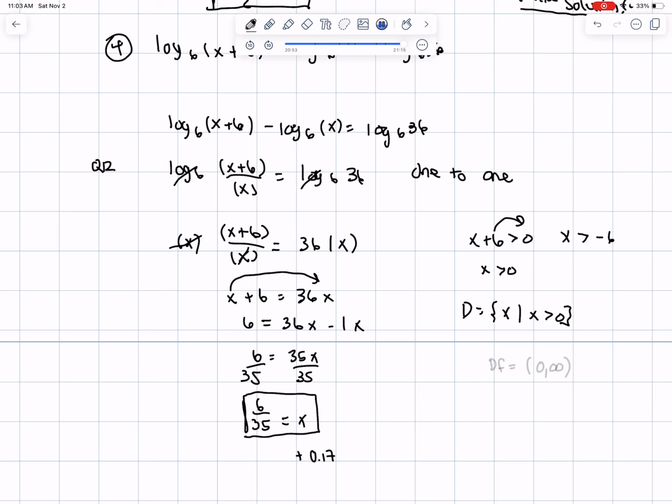So 0 is more restrictive than x is greater than minus 6. So I could also write this as domain, or D of f, is 0 to infinity. So this is section 5.5, solving logarithmic equations, part 2, type 2.